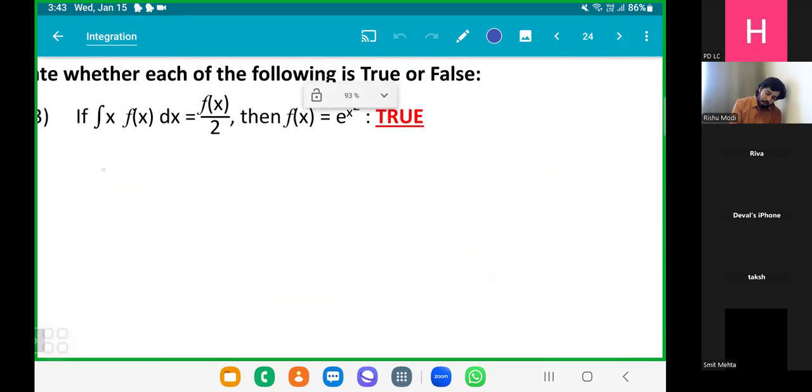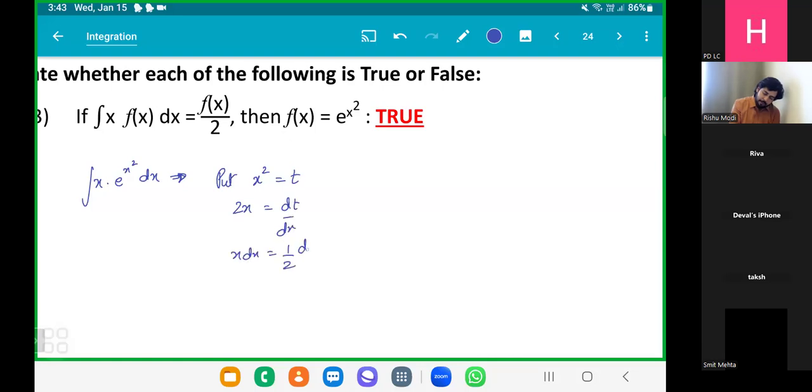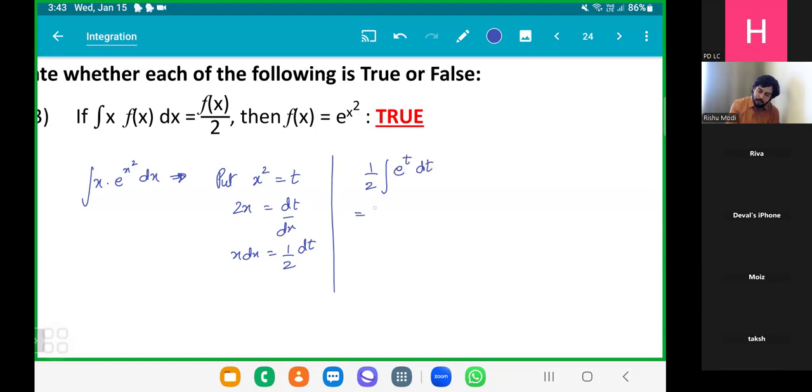So integration of x into e raised to x square. We'll substitute x square as t. The derivative will be 2x, which will be x dx equal to half dt. So the question will look like half integration of e raised to t dt, which is half e raised to t plus c.